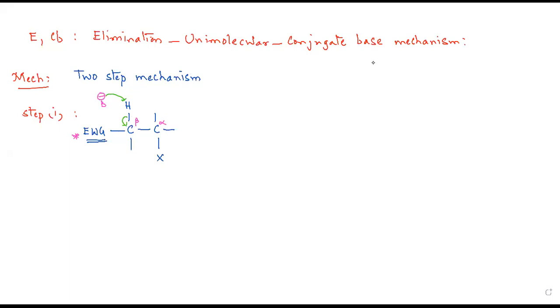That is the interesting part about E1CB. You will get C minus. And this carbanion is, of course, stabilized due to the presence of a strong electron withdrawing group.